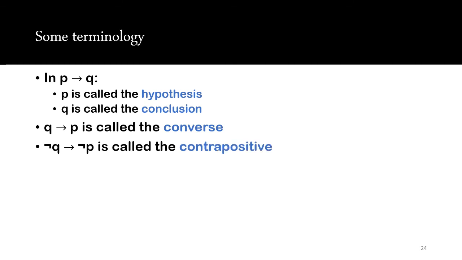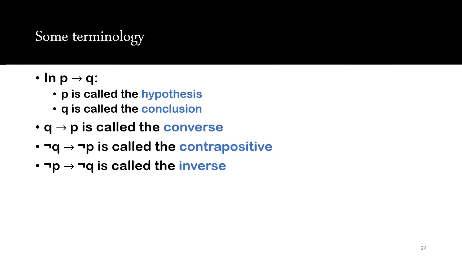I'm trying to combat falsehood here. And then we have not Q implies not P, which is called the contrapositive. Yeah, it's weird how there's this property. I'll tell you a little later after I introduce you to the inverse, because I want to get all this terminology stuff out of the way.